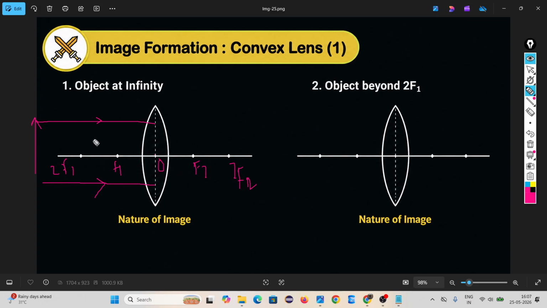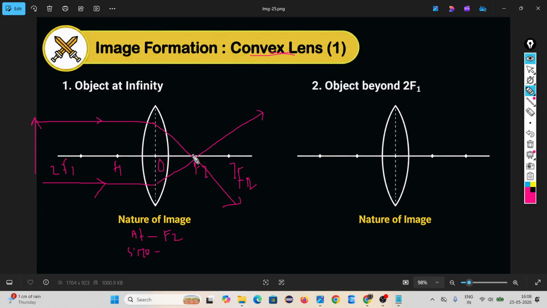Tell me, if light is coming parallel to principal axis in convex lens, where do they meet? F2. Then tell me the nature of image. Image formation at F2.